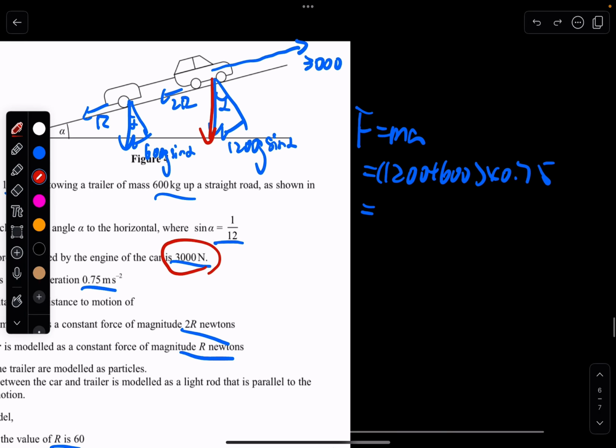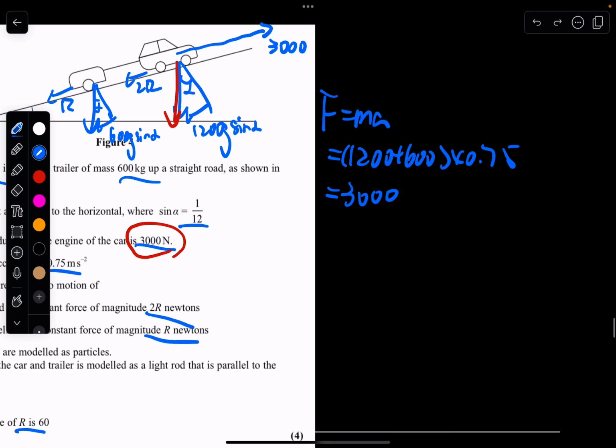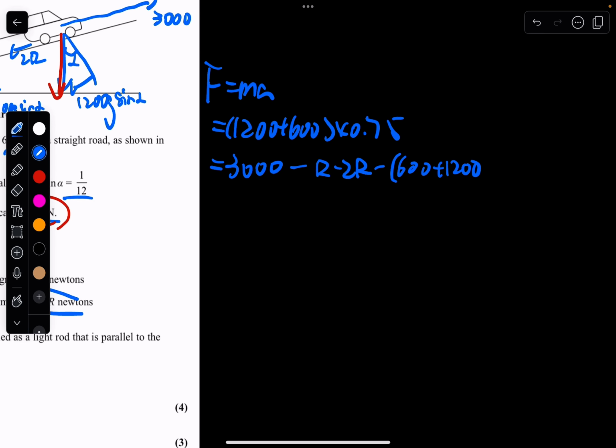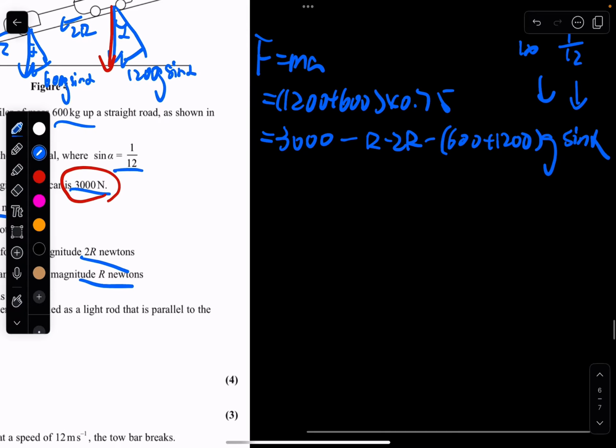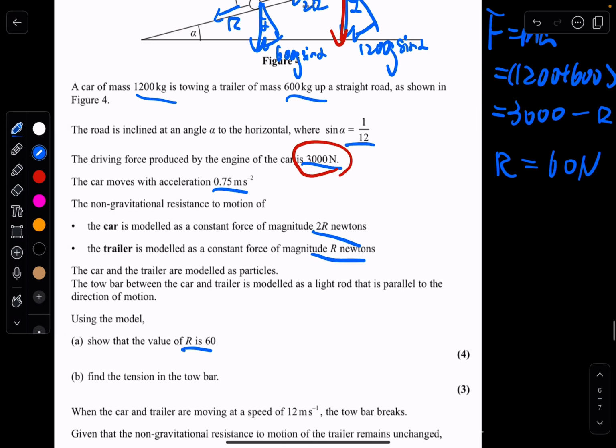Now, since it is moving upwards, we have to denote this direction as the positive direction, so 3000, and then other components are all minus. Just plug it into a calculator and you'll get R is 60 newtons.